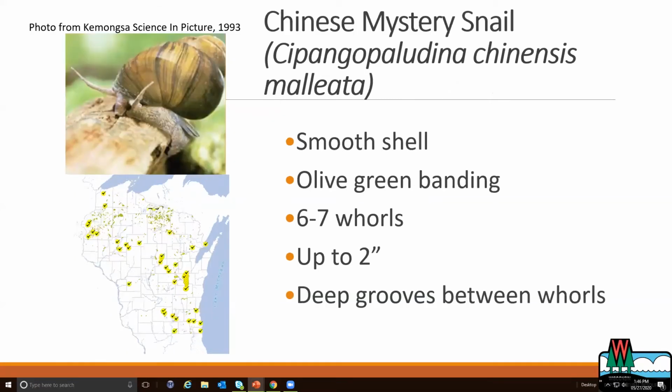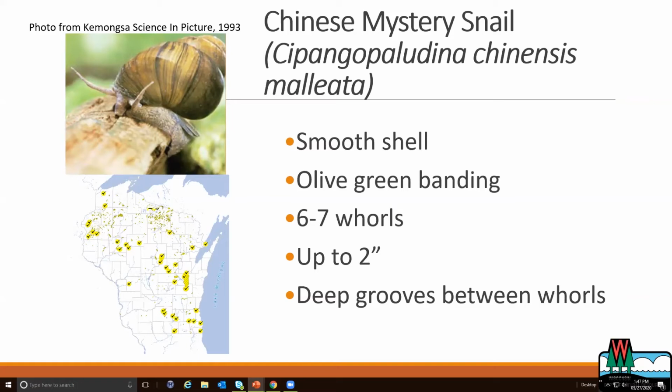The next two species are different mystery snails. We have the Chinese mystery snail and the banded mystery snail. The Chinese mystery snail is smooth, 2 inches long and approximately the same size wide, with 6 to 7 whorls. What's distinct about the Chinese mystery snail and the banded mystery snail is the banding on those snails. So they're distinctly striped.